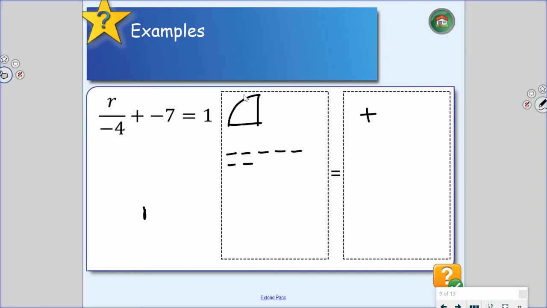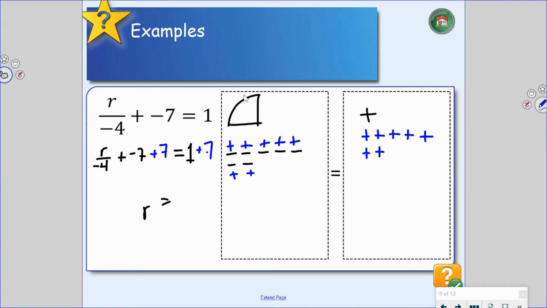Okay, goal, R equals. But right now we have a part of an R, and then we have that pesky -7. So what are we going to do first? Well, we're going to get rid of that -7. In order to do so, you might imagine, if we want 7 minus symbols to cancel out, we're going to do 7 plus symbols, and naturally, we're going to add 7 or a +7 to both sides.